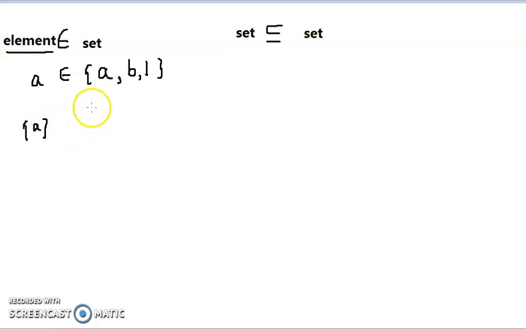And if we have another pair of curly brackets to represent the house or the room, and A together with the curly brackets walks into this room, that will become a member or element of this set. As you can see, A together with the curly brackets is entirely included in this pair of curly brackets. So we are still going to use the belong to or element symbol.